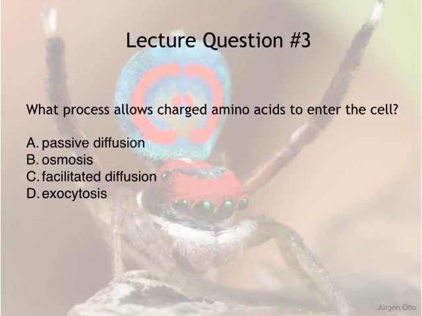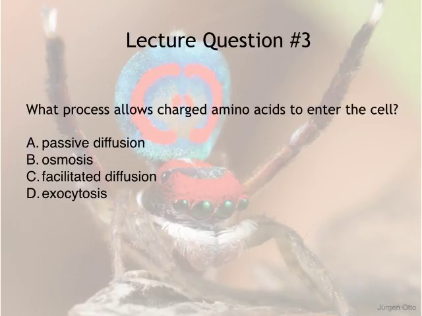Okay, so now talking about membrane transport, what process allows charged amino acids to enter the cell? So let's work through these. You can right away cross out B, osmosis, because osmosis is the diffusion of water molecules.